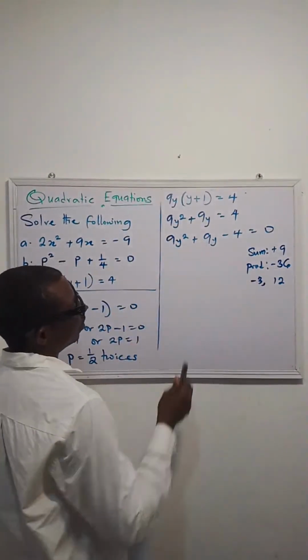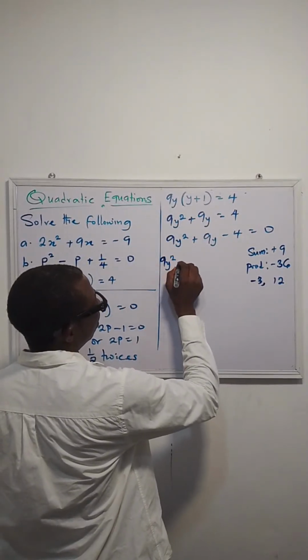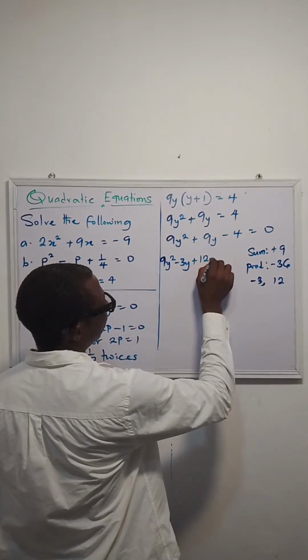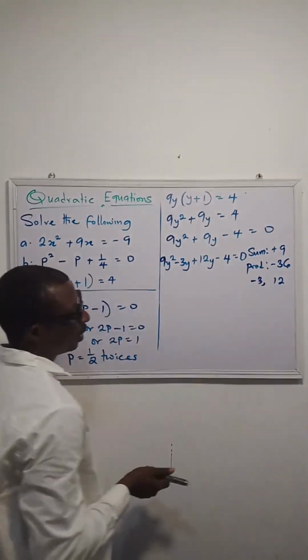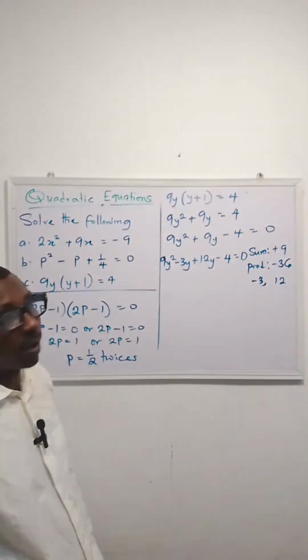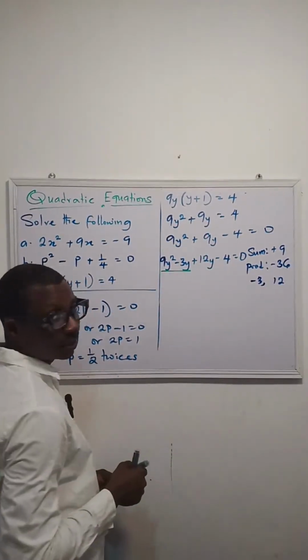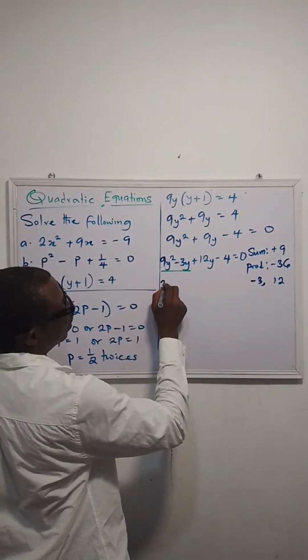So let's plug in these values. We have 9y squared minus 3y plus 12y minus 4 equals 0. Do you get that now? Now look at the first pair here. Find the GCD. The GCD here is 3y.